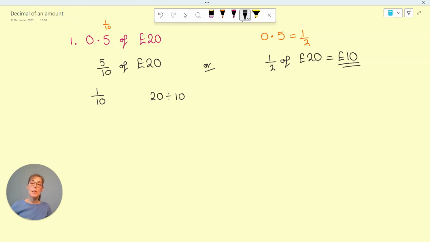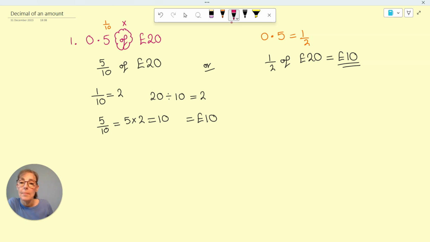So we're splitting the £20 into 10 parts to find what one part is. And that's 2. So 1/10 is equal to 2. So 5 tenths is equal to 5 lots of 2, which equals 10. So the answer again is £10.